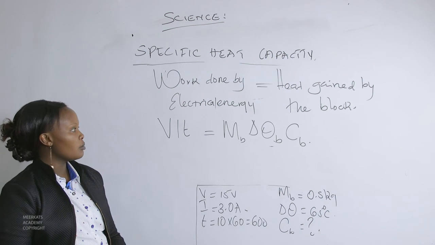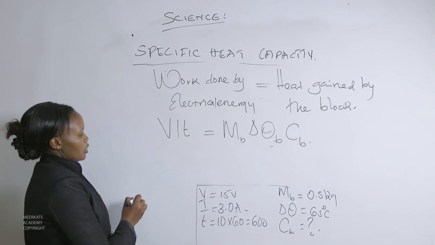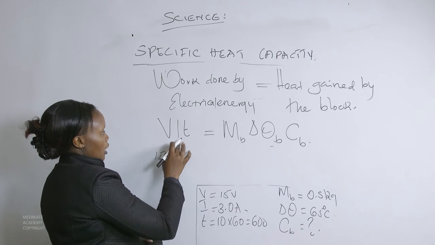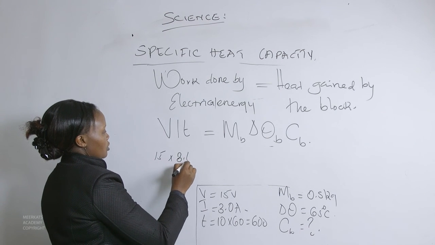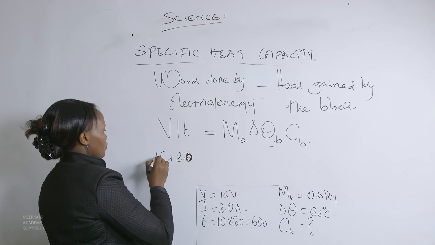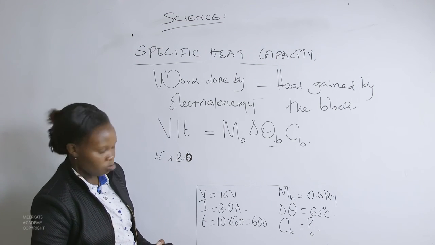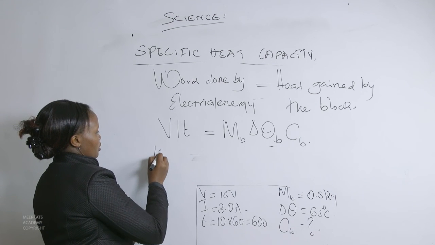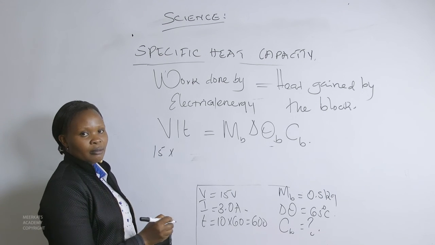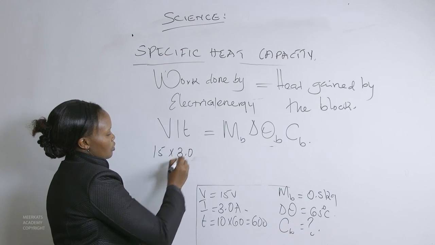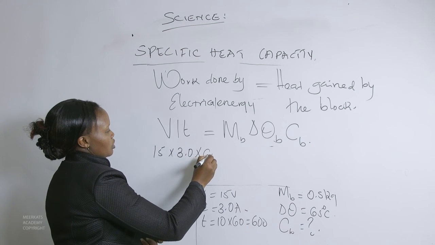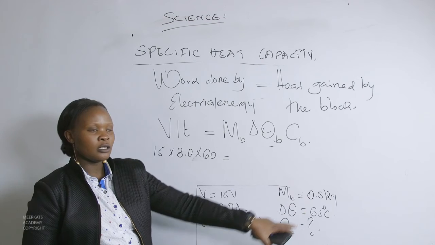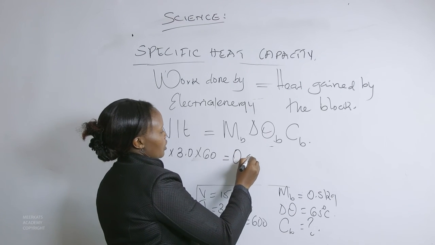I will want us to substitute so that here our voltage is 15, we multiply by 3.0 and by 60, which is our time, is equivalent to 0.5.